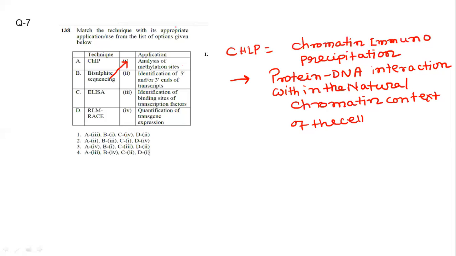So now you can see that ChIP will be identifying sites, the binding sites of transcription factors, right? So transcription factors can be analyzed by ChIP, chromatin immunoprecipitation.